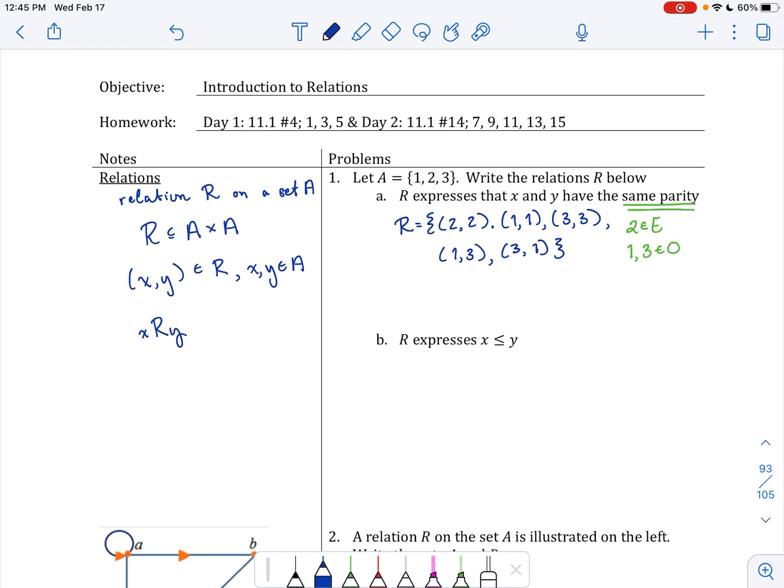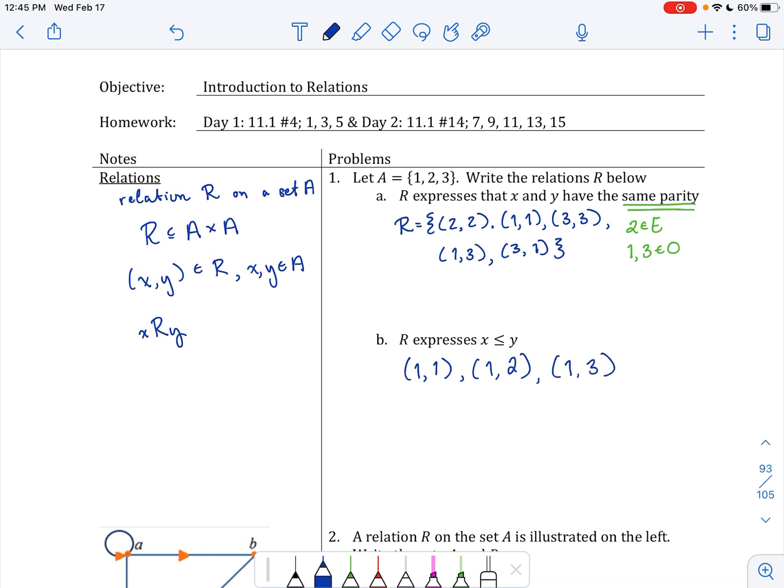Here's another relation. R expresses that x is less than or equal to y. So sometimes with these ones I like to set up, okay, well, what is my x term and what are my possible y terms? So x has to be less than or equal to y, so y could be 1. I could also have (1, 2), since 2 is greater than 1, and (1, 3).